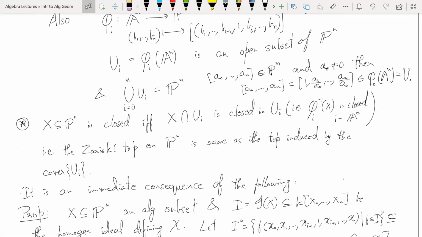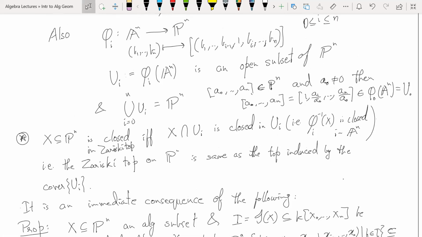So what we'll see, as I said, today is that X contained in Pn is closed in the Zariski topology if and only if X intersection Ui is closed in Ui. You think of Ui as the same as An, and you want to say that X intersection Ui is closed in Ui, again in the Zariski topology for An.